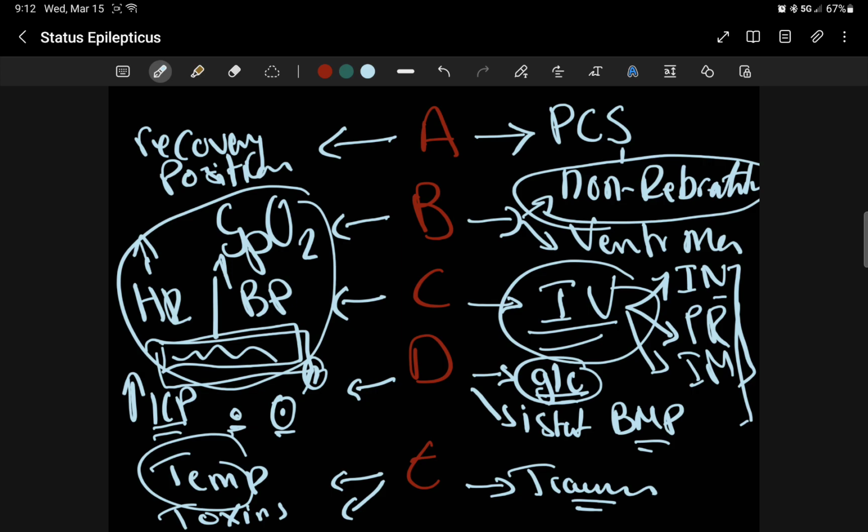When you are doing temperature control measures, antipyretics, you'll either give them rectally, you'll give them intravenous acetaminophen, you'll cool down the room temperature, but you need to be aware that if you're doing cooling measures in a patient who's having status epilepticus, make sure you're not causing shivering or making the muscles work to produce heat, because that would also aggravate increasing intracranial pressure, if that makes sense. So you can control temperature without causing that shiver effect that will increase the intracranial pressure.